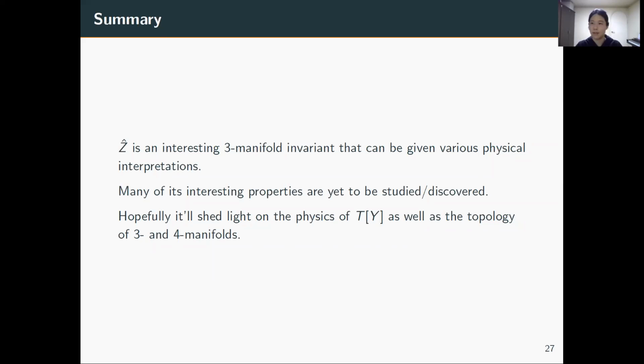There are lots of connections between Z hat and, for instance, certain modularity properties, its connection to non-semi-simple MTCs, logarithmic VOAs. I haven't talked at all about these things, but there are a lot of interesting things going on. Hopefully, in the future, it will shed some light on the physics of T of Y as well, and the topology of 3 and 4 manifolds.